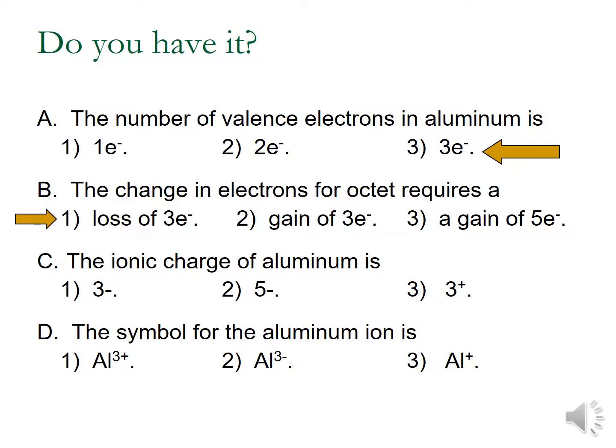If you take away 3 negatives, or in other words, if you have 10 negative charges and 13 protons, 13 positive charges, then the ionic charge for the aluminum ion will be +3. So then the symbol for the aluminum ion should be Al3+.